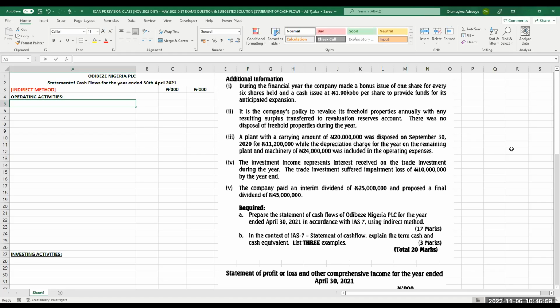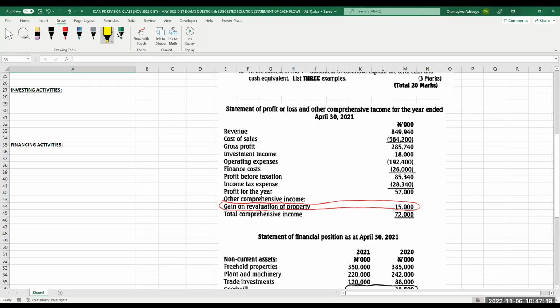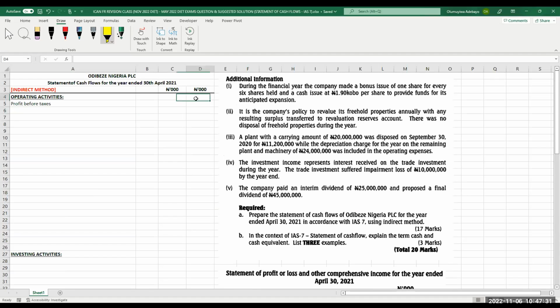What is my profit before tax? I can check it here. My profit before tax is this amount, that's 85,340.